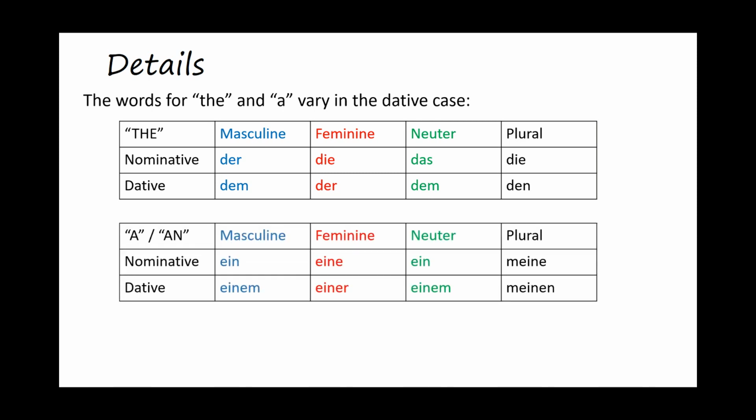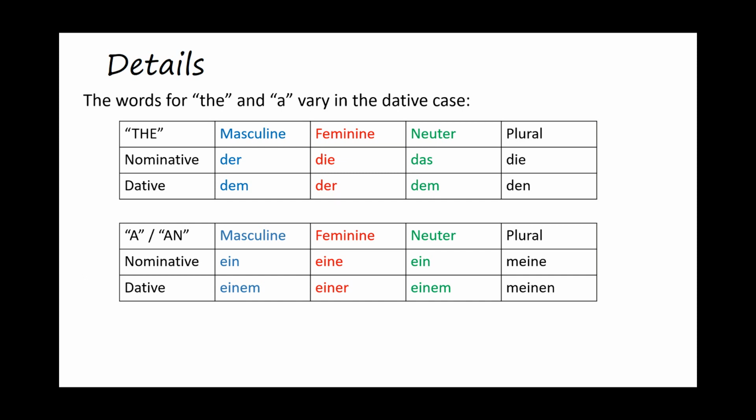The words for a or an also change. You will have learnt the nominative for masculine, feminine, neuter and plural as ein, eine, ein and perhaps meine. And in the dative case, they change in much the same way. If you look at the endings on these words, they're identical to the words for the.